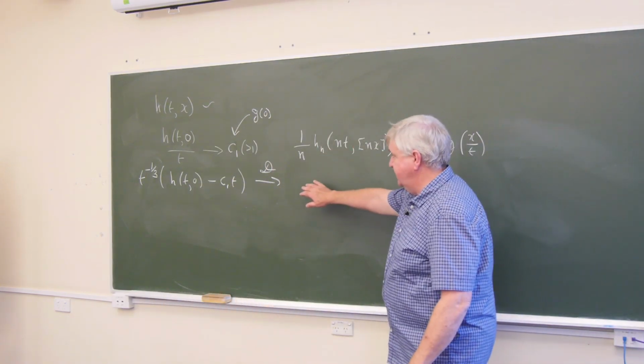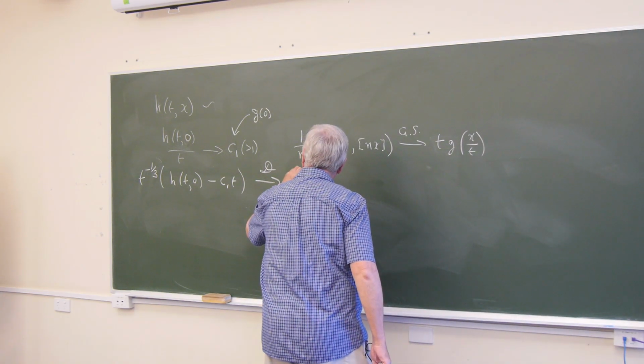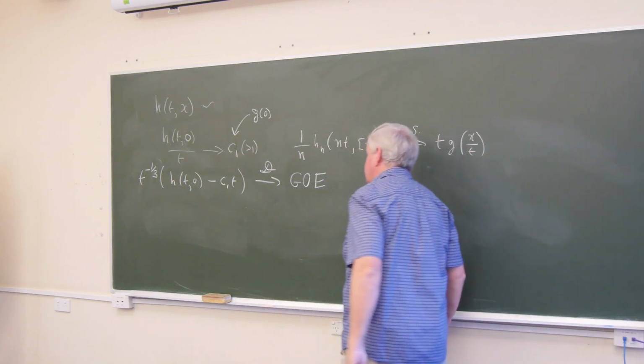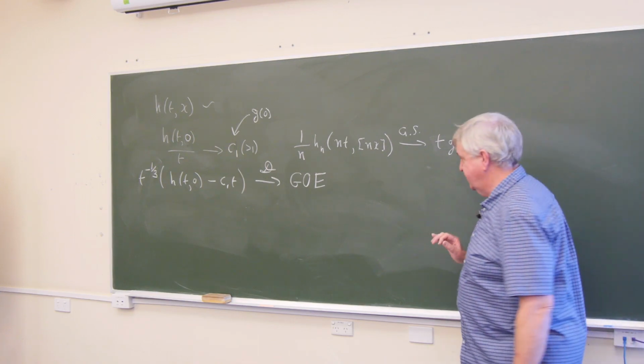And this limiting distribution is the so-called, there's two of them, GOE and GUE, Tracy-Widom distribution.